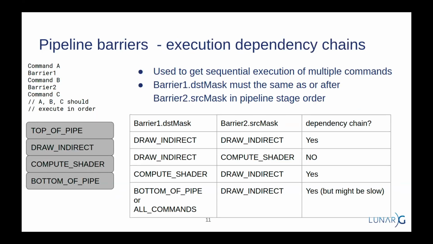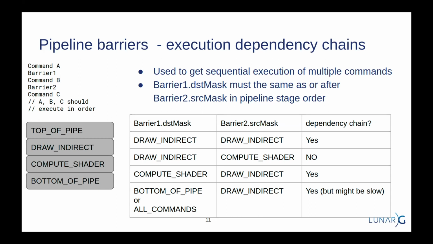One of the important ways that you use the pipeline stages is to form an execution dependency chain. That's where you have a sequence of three commands that have to run in order. You need two barriers splitting those commands up, and those barriers have to match. What that means is that the destination mask of the first barrier must match bits in the source mask of the second barrier.